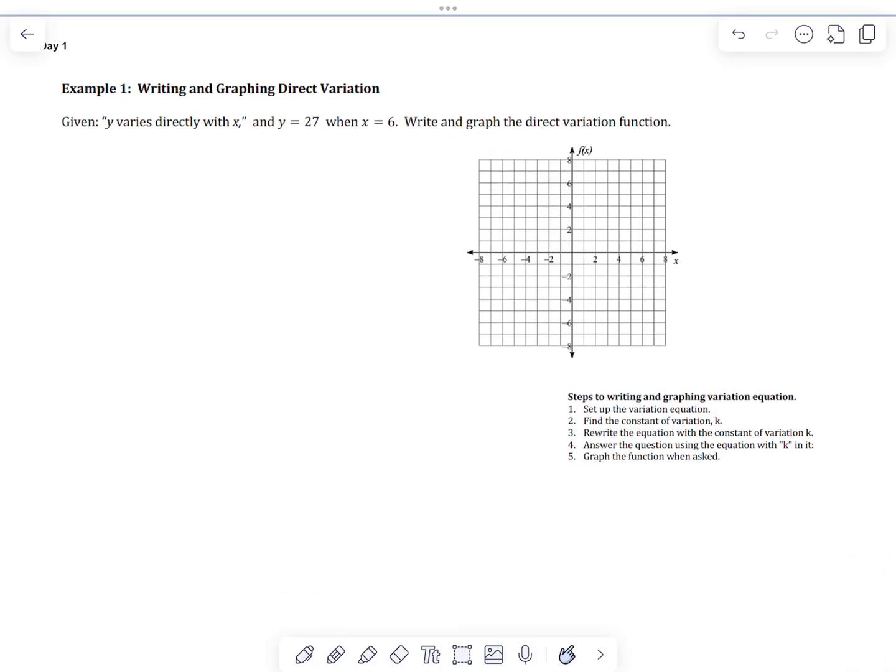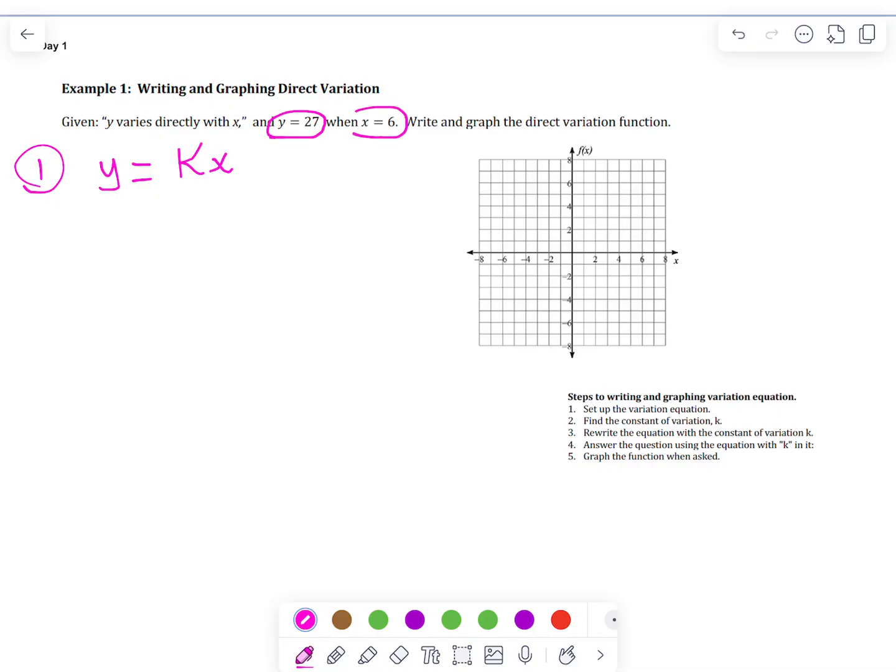So here's an example. Y varies directly with x, and what we're giving you is the value of y and the value of x. So step 1 is to write the variation equation. So we're going to go ahead and substitute the y and the x into the equation.